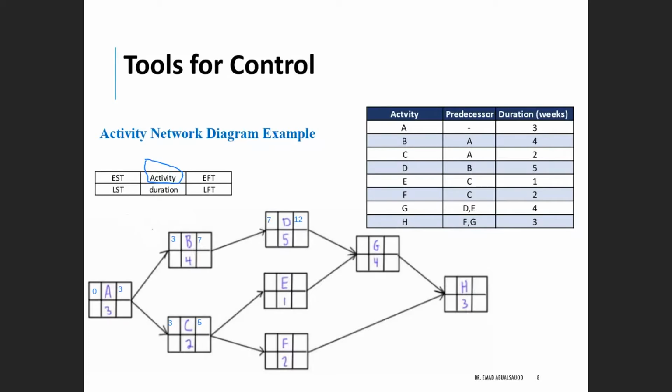Now, for activity C, we already have the early finish time. It will be transferred to the next activities. So it will be 5 here, and 5 here, 5 for E and 5 for F. Adding 5 plus 1, it will be 6, and adding 5 plus 2, it will be 7.